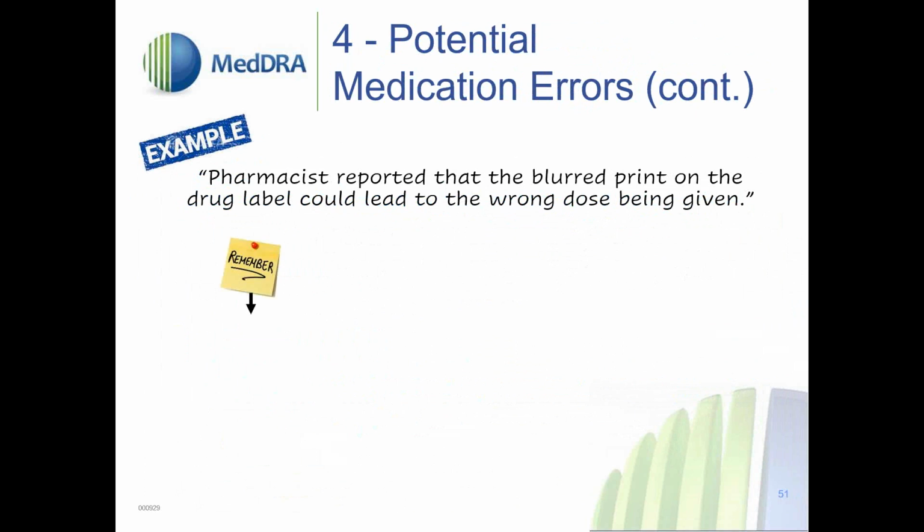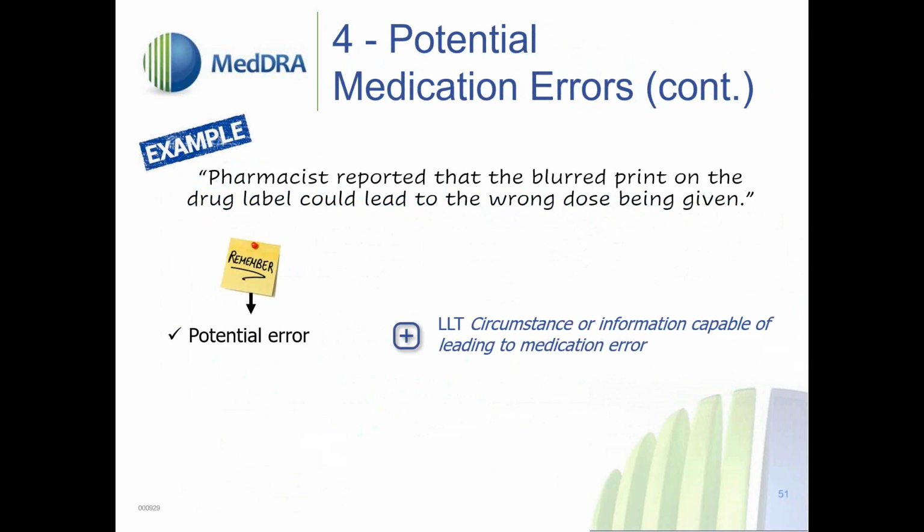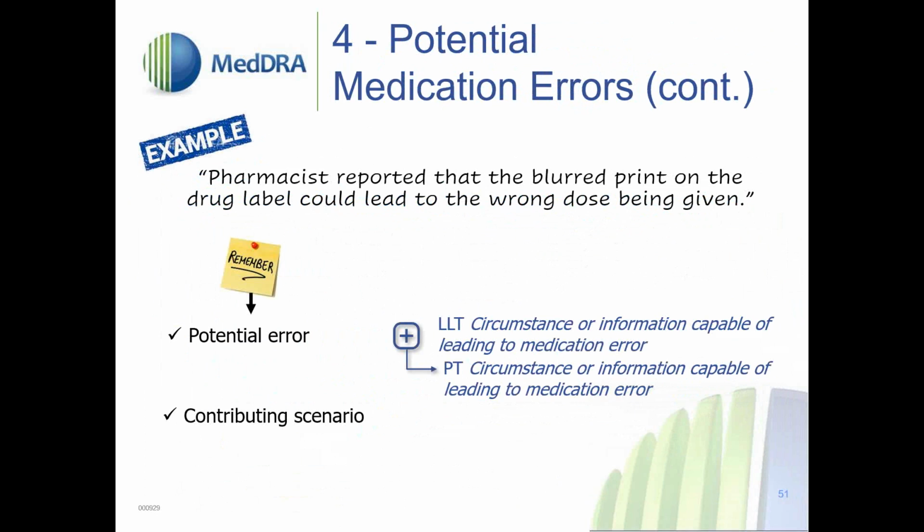So remember, we would code the potential error by selecting circumstance or information capable of leading to medication error, same PT, and we would also code the contributing scenario, the root cause that could lead to a medication error. Here, the blurred print on the label by selecting LLT product label text illegible under product label issue.